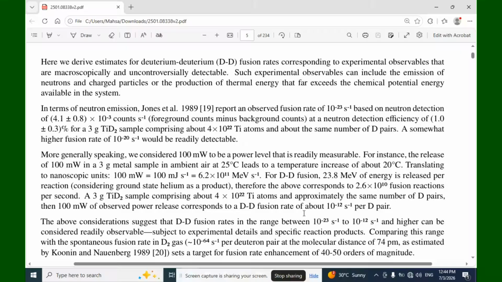More generally speaking, we considered 100 milliwatts to be a power level that is readily measurable. For instance, the release of 100 mW in a 3 g metal sample in ambient air at 25 degrees Celsius leads to a temperature increase of about 20 degrees Celsius.